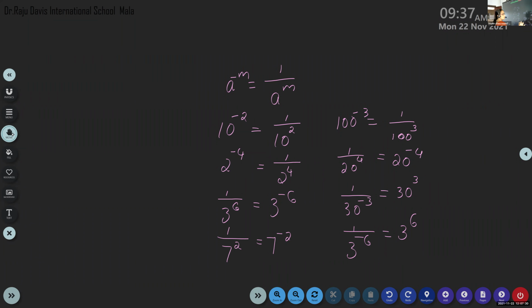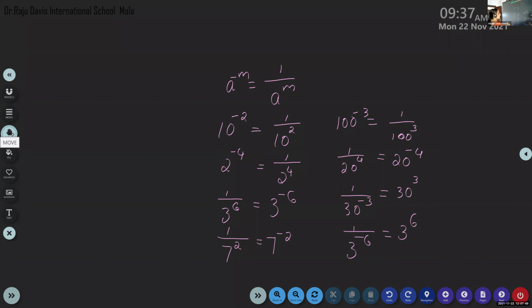See, 1 by 20 raised to 4. Here the exponent is 4. When it comes to the numerator, it is 20 raised to negative 4. The sign of 4 in the denominator is positive; when it comes to the numerator, it becomes negative.